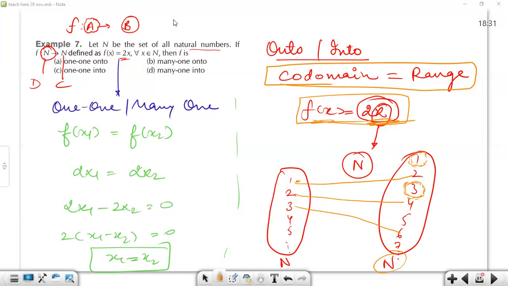Is 3 getting mapped to any element in the domain? Are you there? Yes, sir. So are 1, 3, 5, 7, all the odd elements, getting mapped to any number in the domain? Simple. It's very simple.